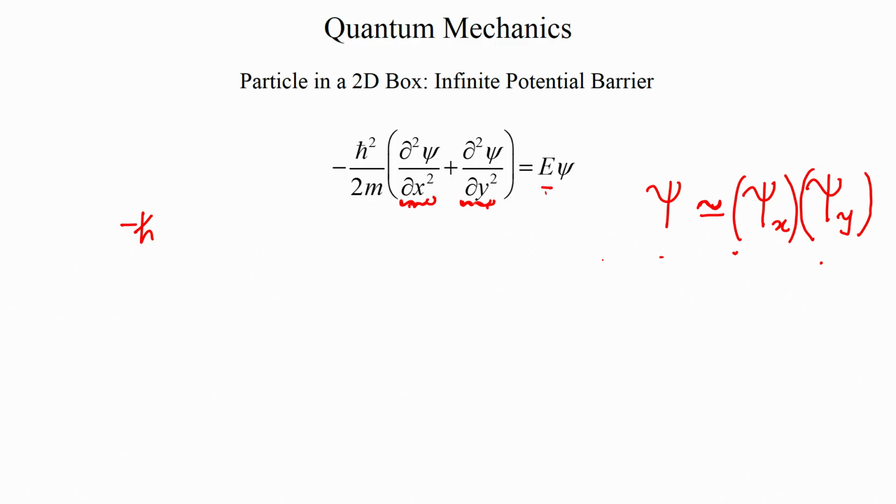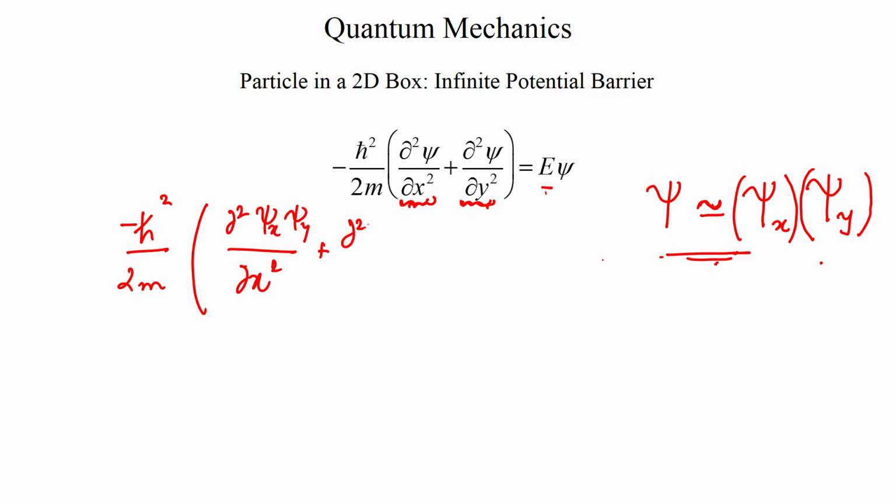If I use this product condition, I end up with dou square psi x psi y by dou x square plus dou square psi x psi y by dou y square is equal to E psi x psi y.